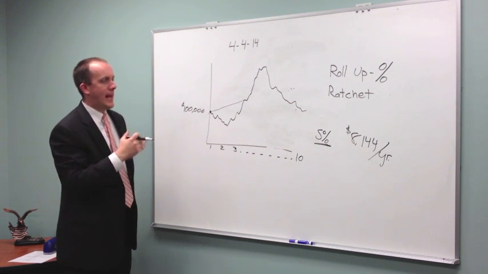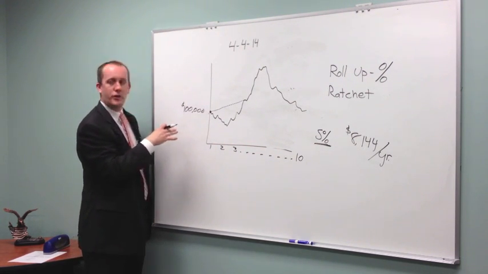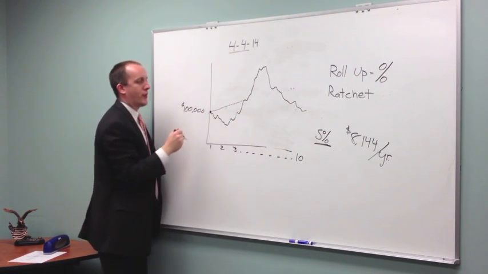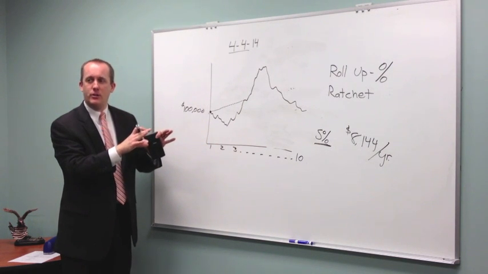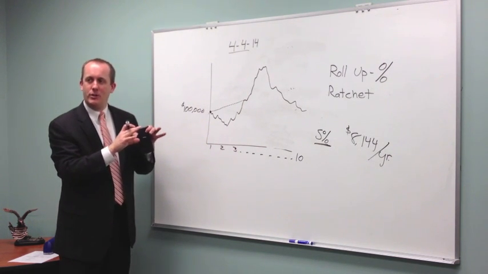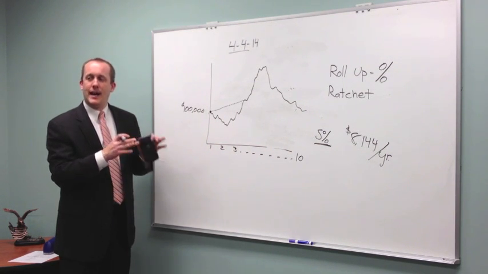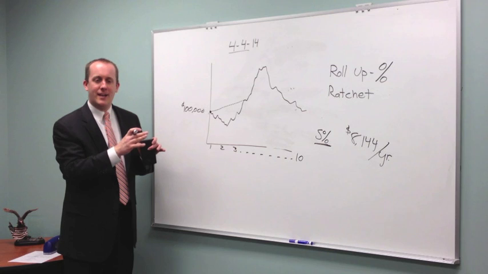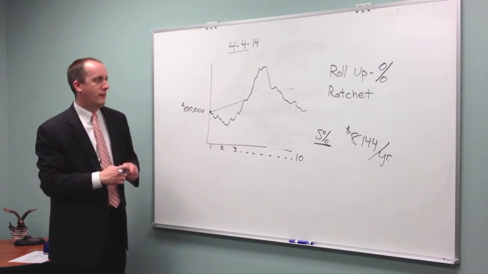So if you have an annual ratchet that works in conjunction with your roll-up, then every April 4th, the insurance company is going to take a snapshot of your account value and lock that value in, even if the market goes down. And in a lot of cases, the new 5%, or I should say, the new ratchet, is what the 5% is going to grow off of.